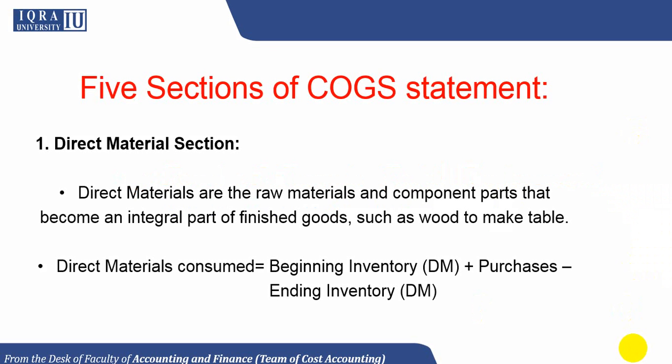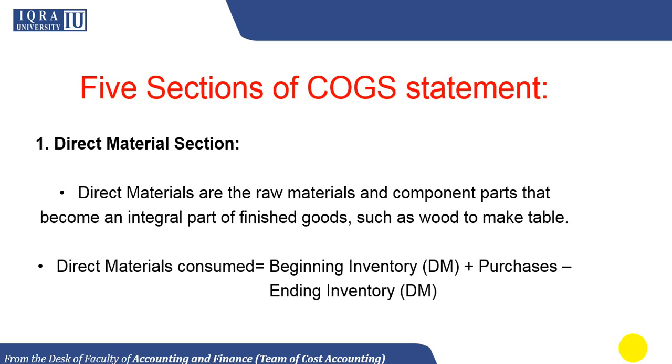Direct material section. Direct material or the raw material. As we have already discussed, direct material is the raw material and component parts that become an integral part of finished goods, such as wood to make a table. It is directly associated with the product, right? How is it calculated?